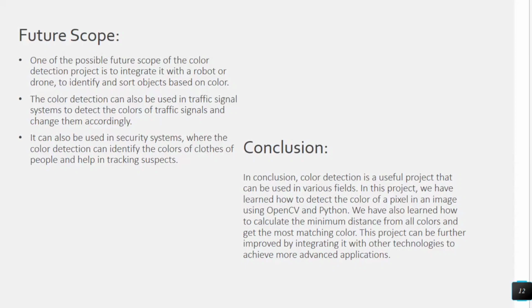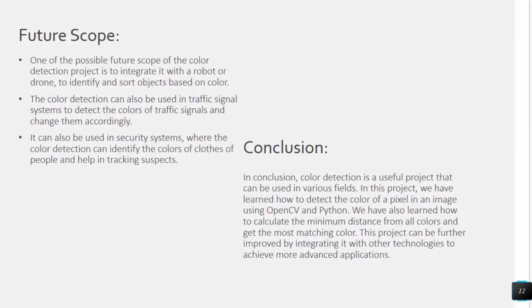According to the future scope, according to the second point, we can see in our daily life routine when we travel from one place to another, we see many traffic signals in our traveling.